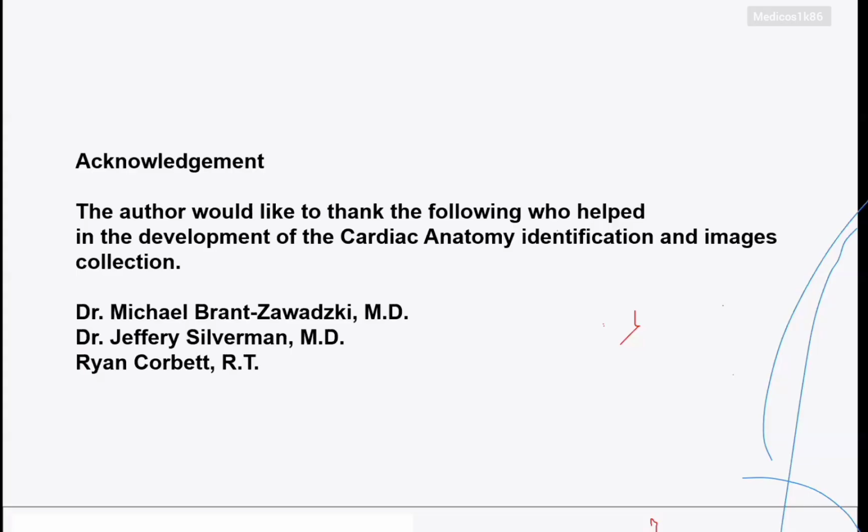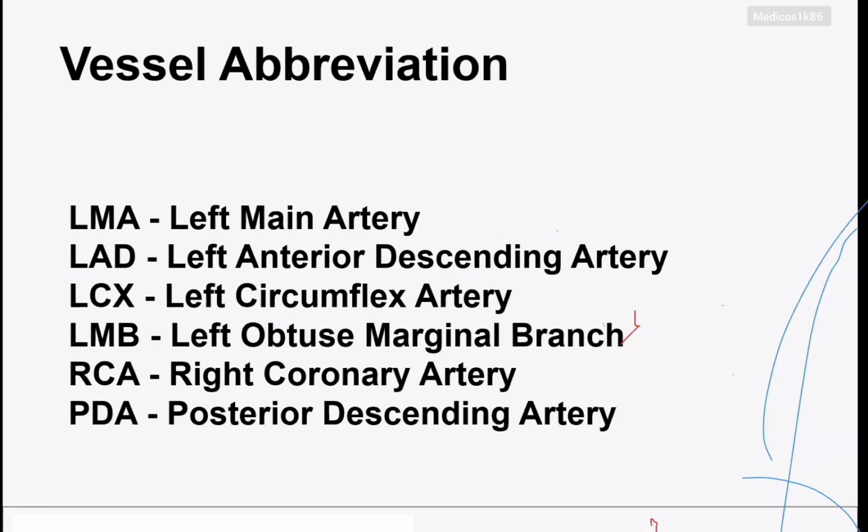Okay, let's go to the next. What are the names of the vessels? There are some main vessels which we know: the left main artery, the LAD, left anterior descending artery, the left circumflex artery, the obtuse marginal branch, the RCA, right coronary artery, and the posterior descending artery.